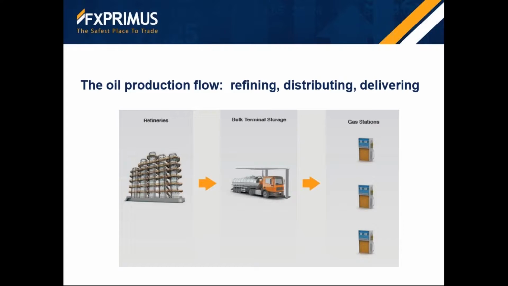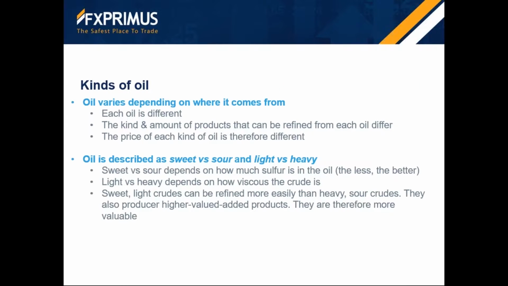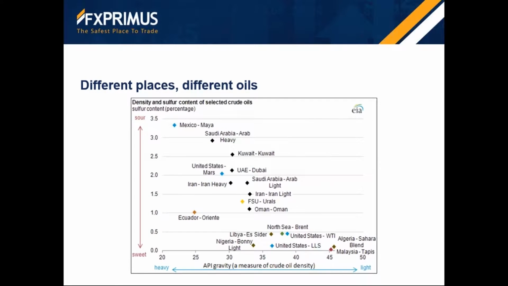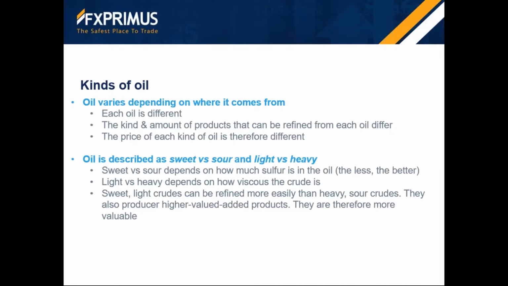Each oil field produces a different kind of oil, and each kind of oil can be refined into different amounts of the various petroleum products, such as gasoline, jet fuel, or asphalt. Each product then sells for a different price. Now, the price of each oil, therefore, depends on the price of the products that can be refined from it.